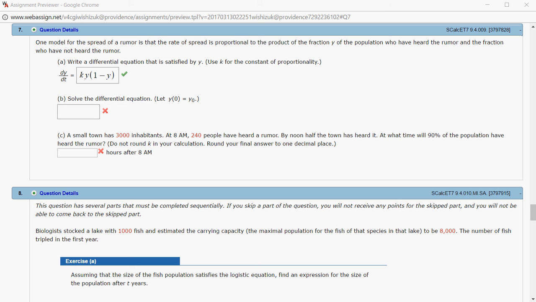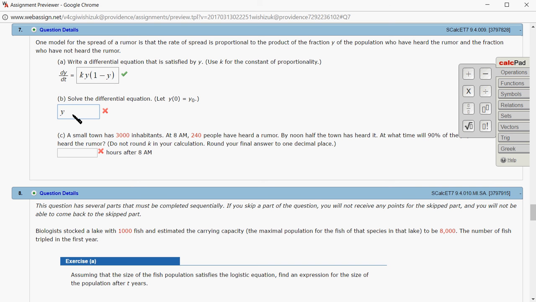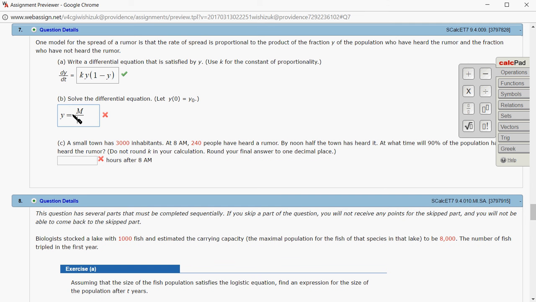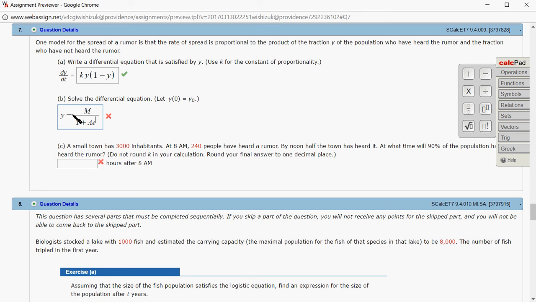Solve the differential equation. Remember that the solution of the logistic equation is y equals M over 1 plus A times e to the negative kt. That was the formula.